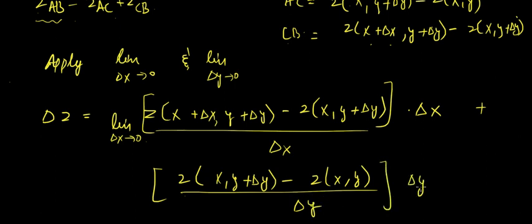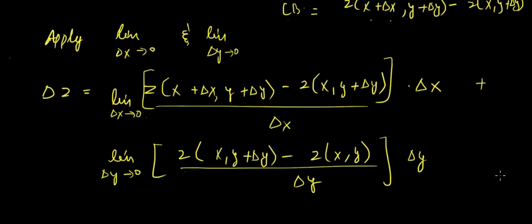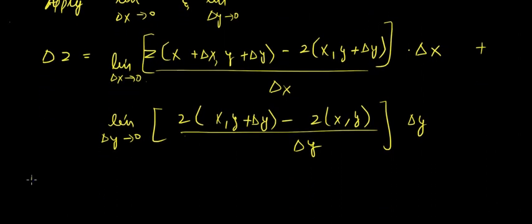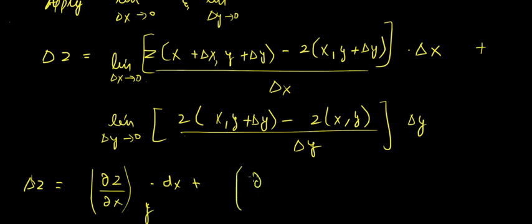Applying limit delta y tending to 0 here, this term can be written as del z upon del x at constant y times dx, plus del z upon del y at constant x times dy.